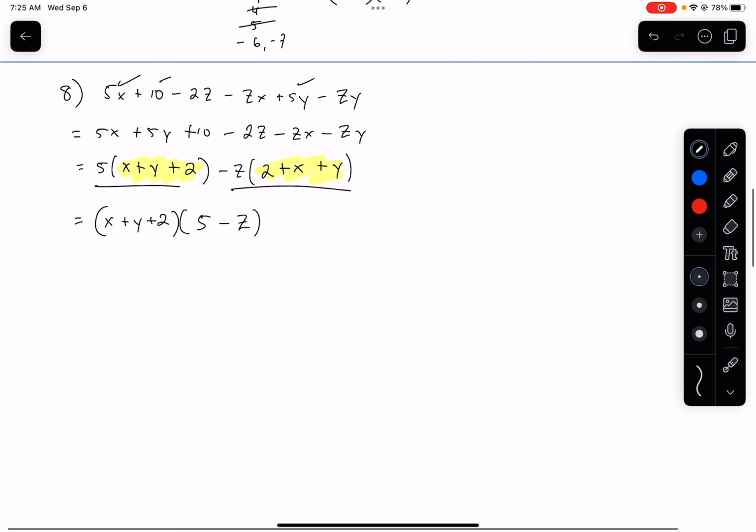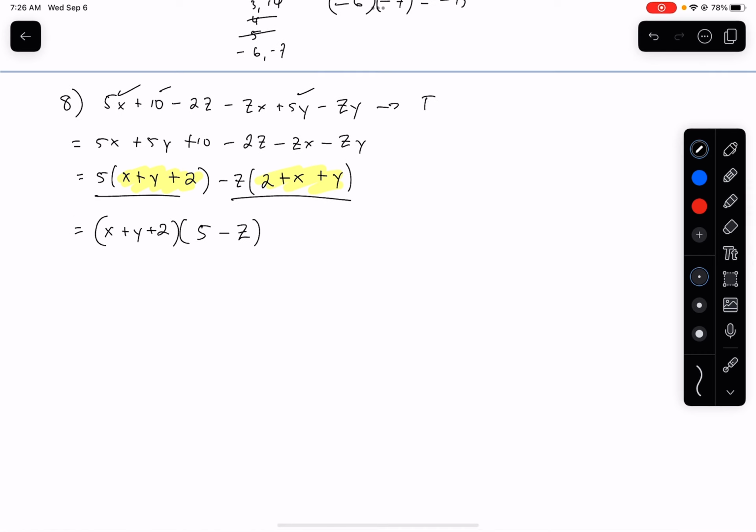This is what we know as factoring by grouping. Okay, a little bit of a lengthy question there, but not bad. Okay, number 9.